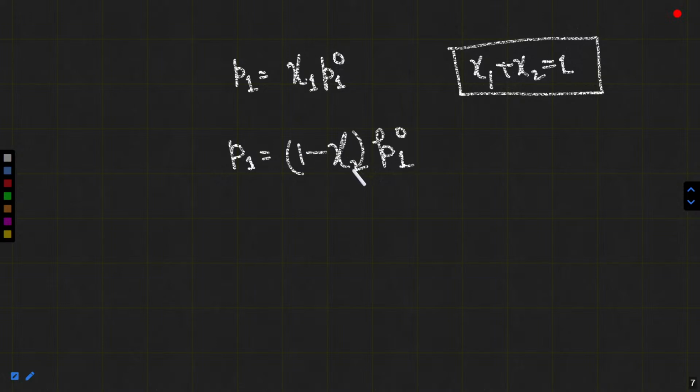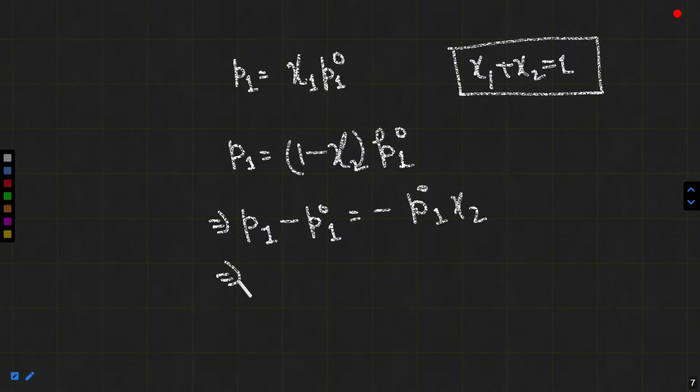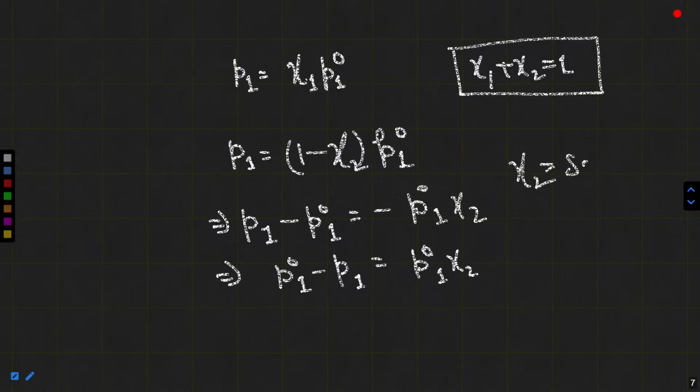Further, if you bring this on the left side, you will get P naught 1 minus P1 is equal to P naught 1 chi2, just multiplying with a negative sign on both sides. Again remember, this chi2 is for the solute and chi1 is for the solvent.